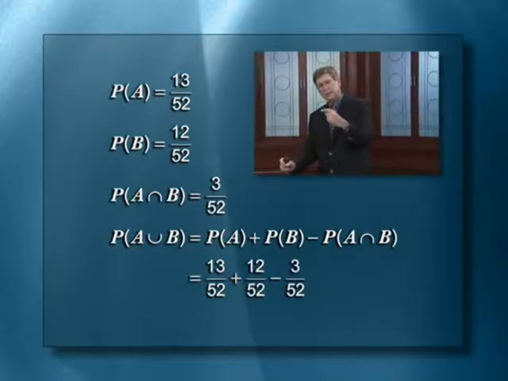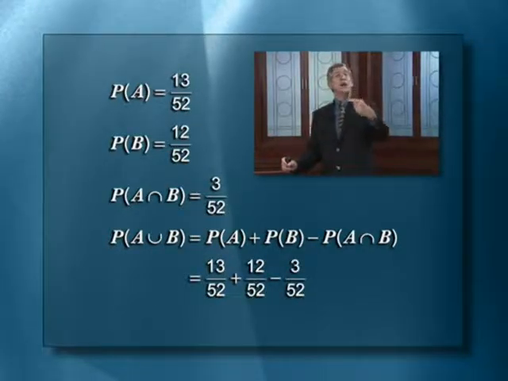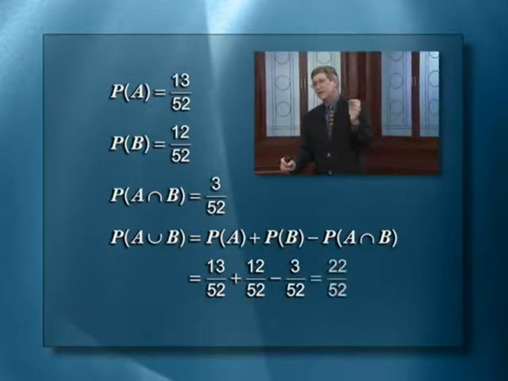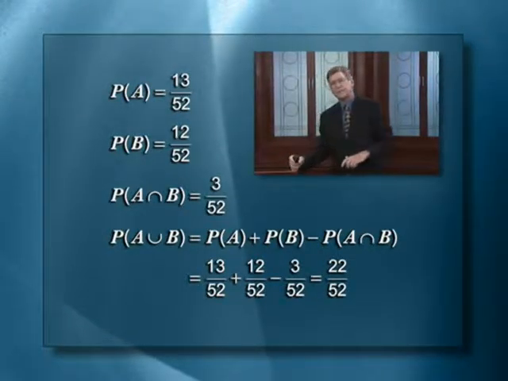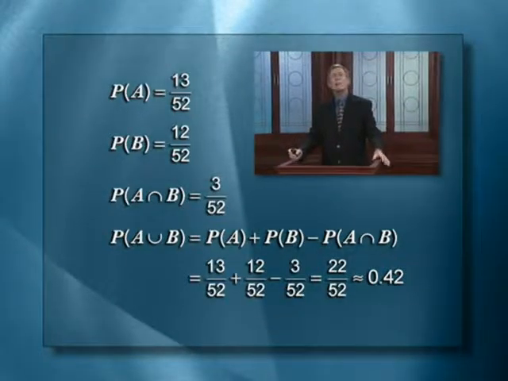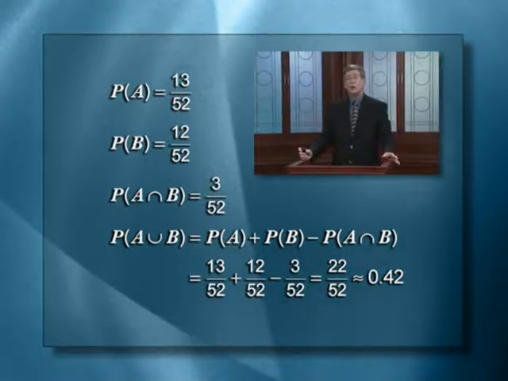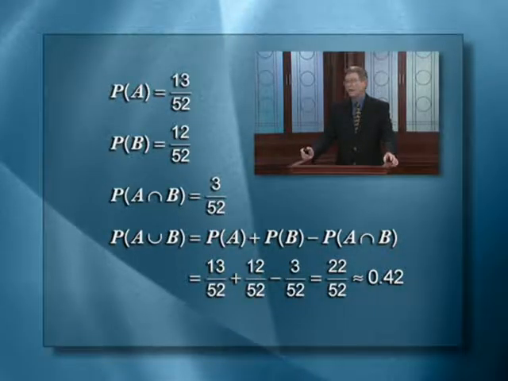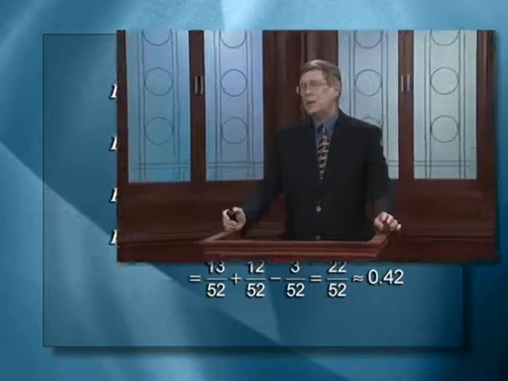So it's 13 over 52 plus 12 over 52 minus 3 over 52. That equals 22 over 52, which is about 0.42. That's your probability of getting a heart or a face card. Kind of nice, isn't it? Kind of interesting how that overlap comes into play. And I hope you see the reason for it is you've counted those 3 cards in a sense twice, and so you have to subtract them off.